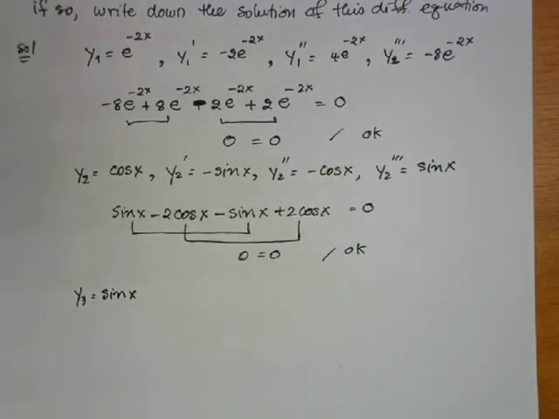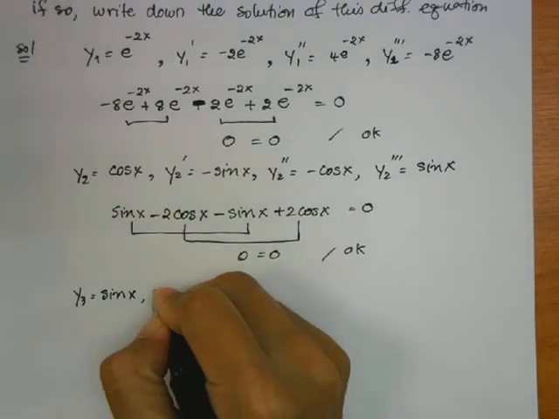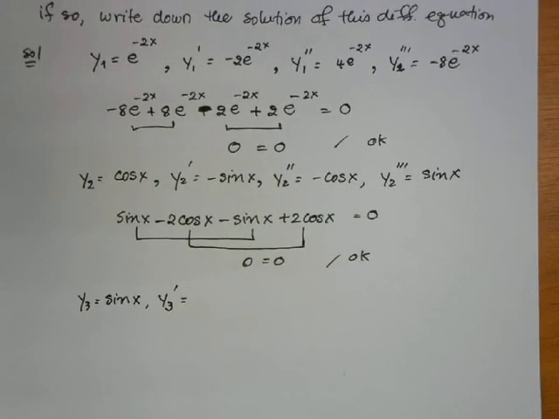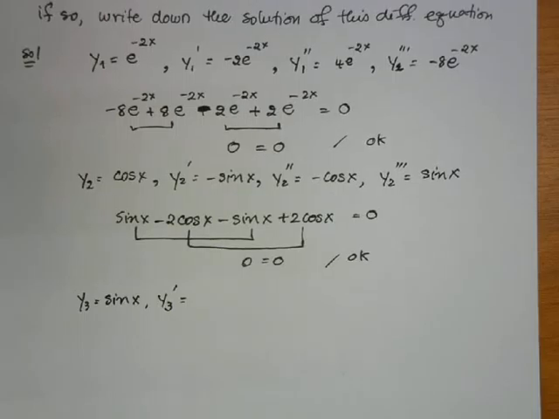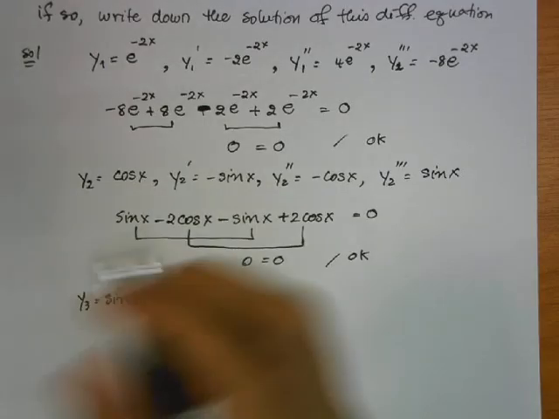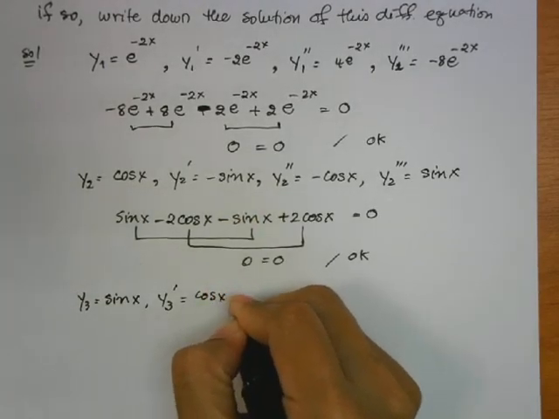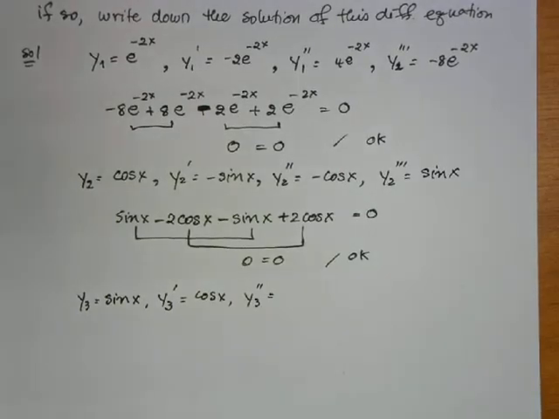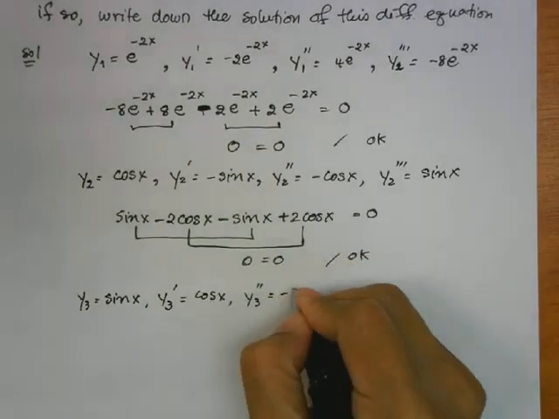y3 is equal to sin x. So you do the first derivative of y3. What do you get? Cos x. The second derivative of y3 is minus sin x.